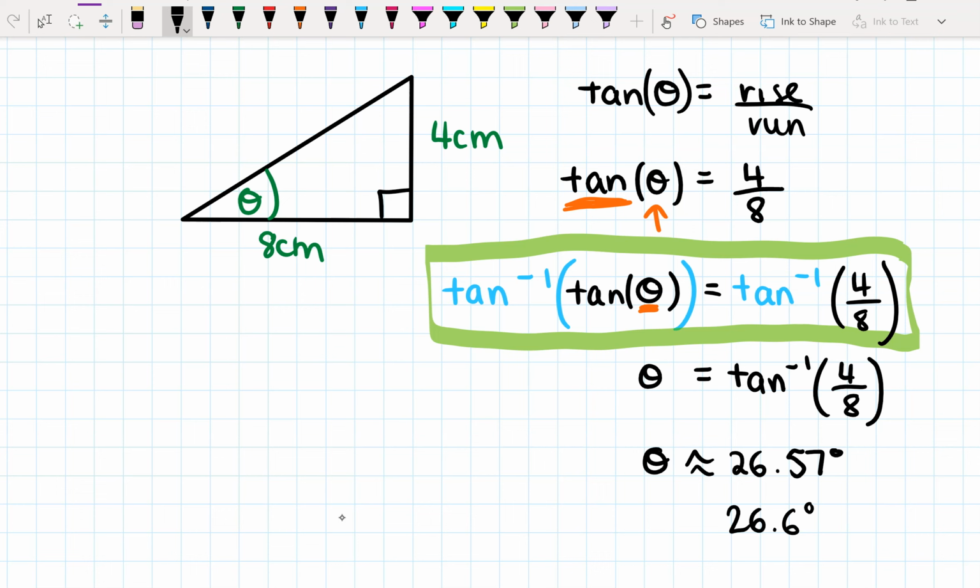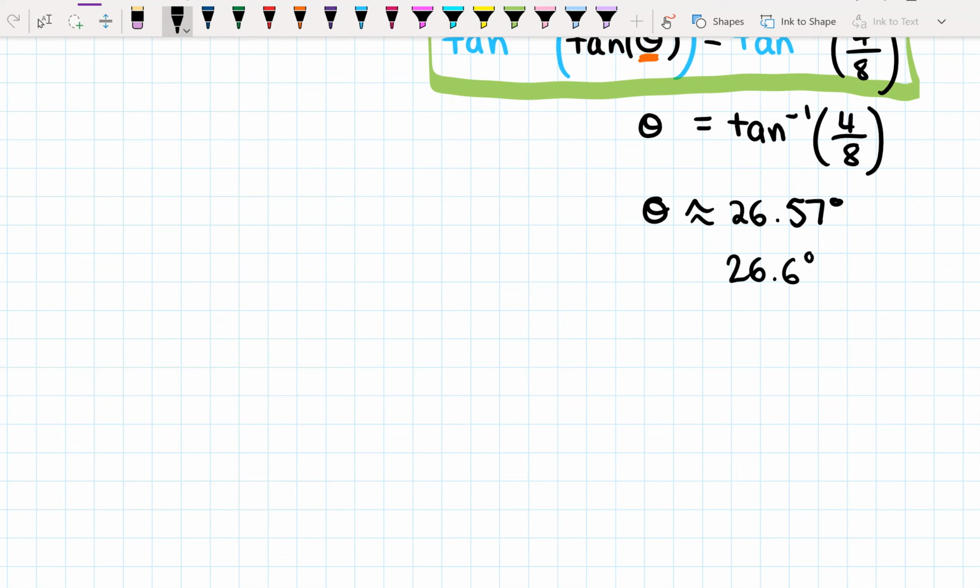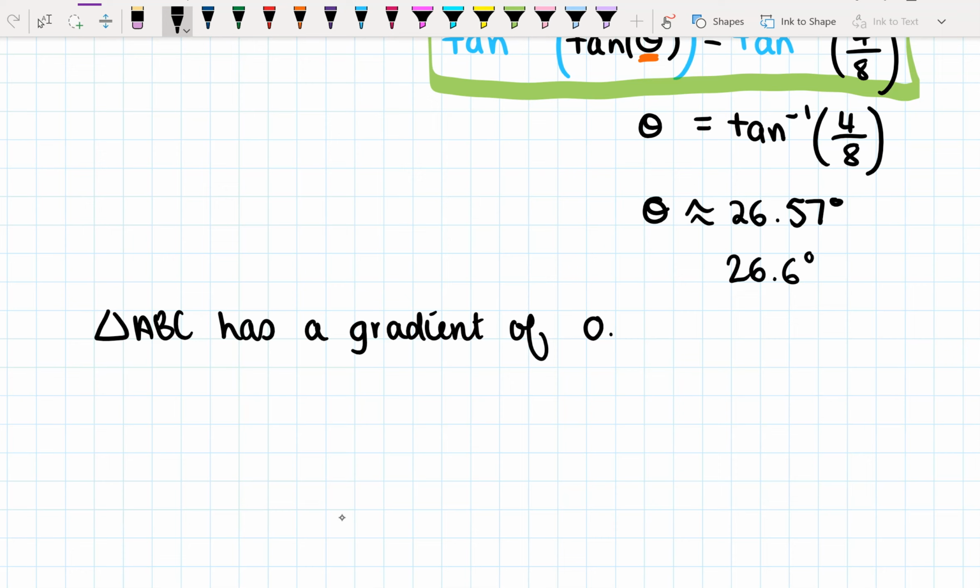Now, I want to do one more example where you don't know the rise over the run, but you might be given, triangle ABC has a gradient of 0.23.